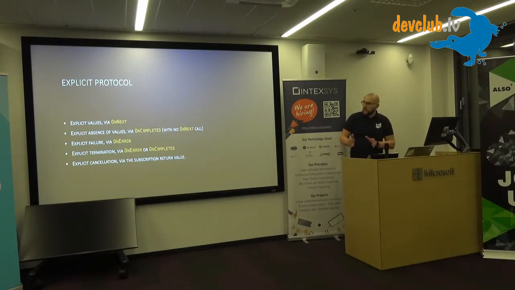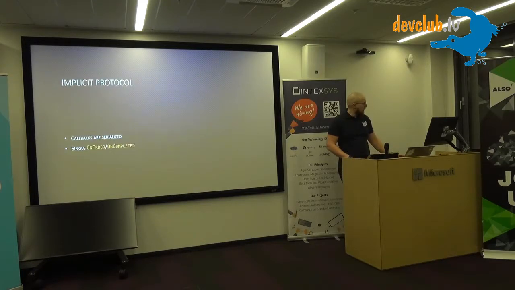This is the explicit part of the Reactive Extensions protocol, and there is an implicit part as well, which is not defined strictly in code, but those are guarantees you expect it to have. If you have a well-behaved observable, it should make sure those guarantees are in place. There are only two of them.